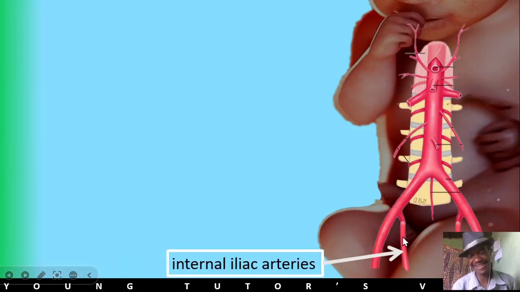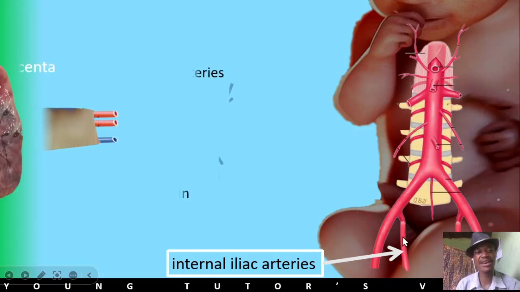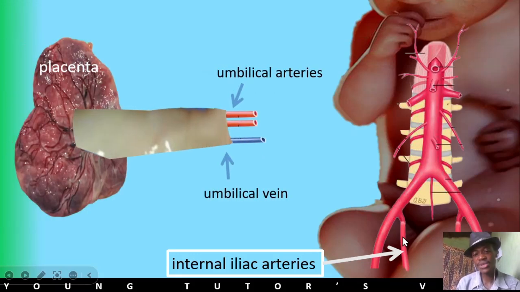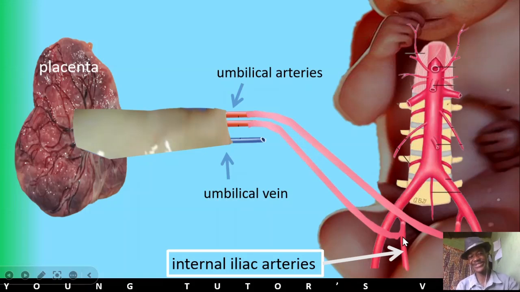So the internal iliac artery is the one that we are interested in, because the internal iliac artery gives the posterior trunk and the anterior trunk. The anterior trunk of the internal iliac artery is what is going to give the branches that are going to join the placenta. So we can see here that these umbilical arteries that we discussed earlier are going to come from the internal iliac arteries.